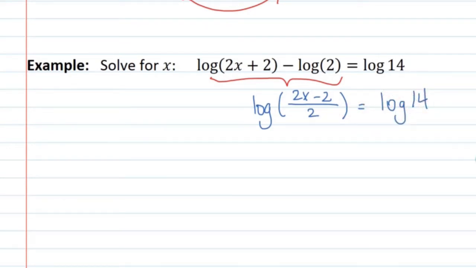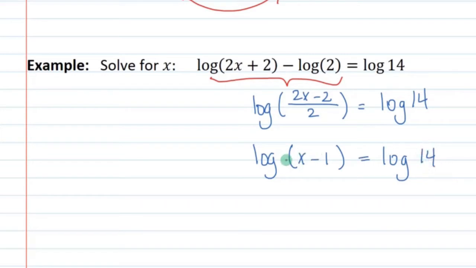And that would actually simplify, because this becomes 2x over 2, which is just x, and negative 2 over 2 becomes negative 1. So you can simplify it that way. And then the other side is just simply log 14.